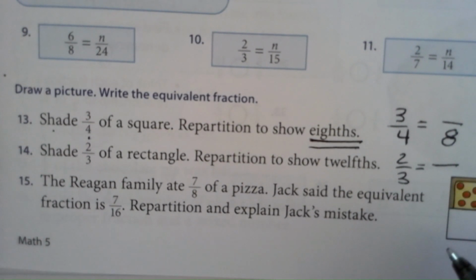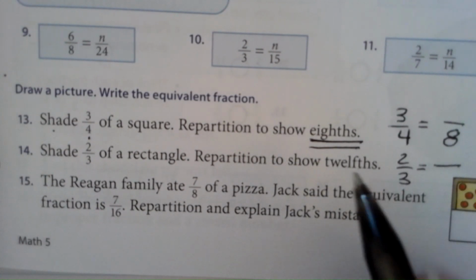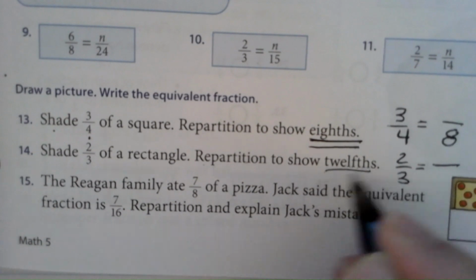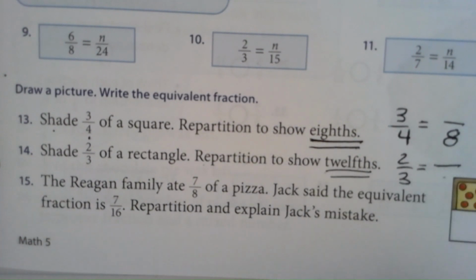I'm going to wait for more hands up. Repartition to show 12ths. What number is going to be on the bottom of those fractions? What do you think, Weston? Right here, repartition to show 12ths. What number is going to go down here on the bottom? What's a 12th?